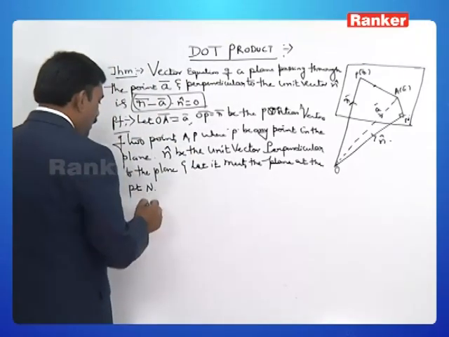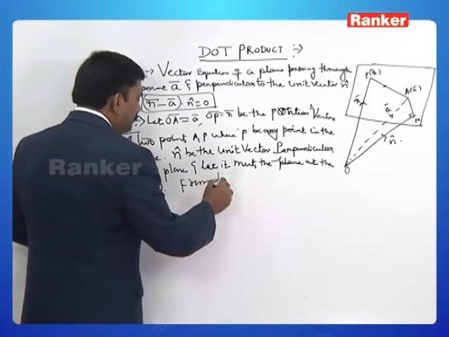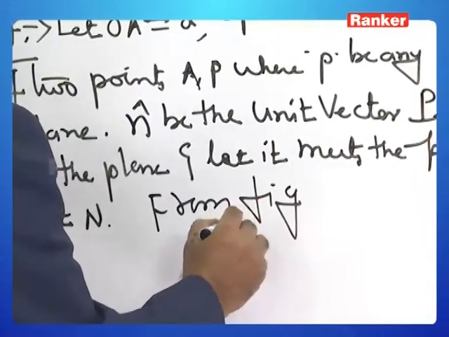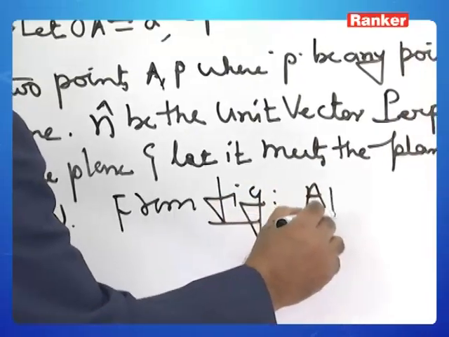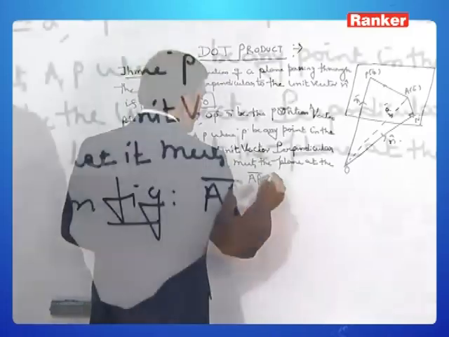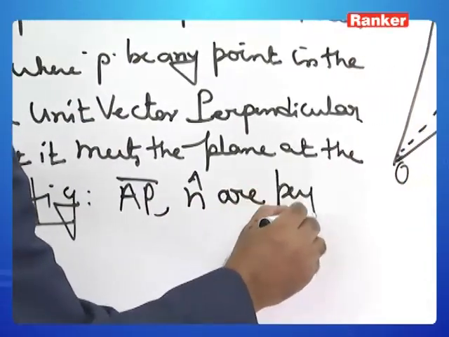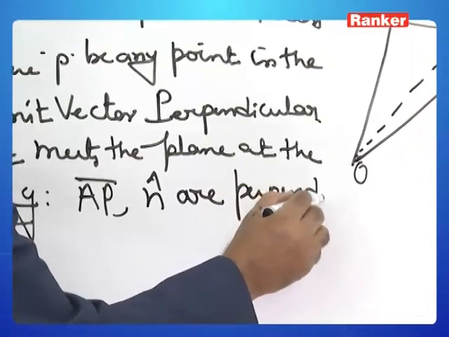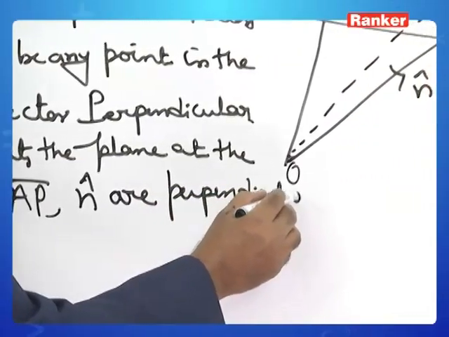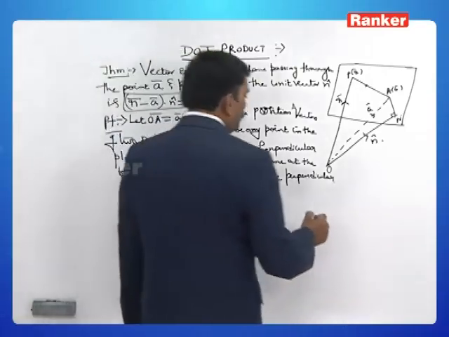Now, from the figure, AP bar and n cap are perpendicular to each other.